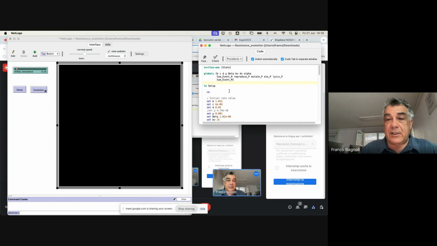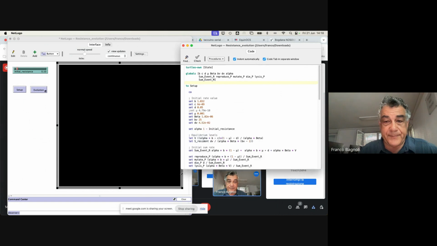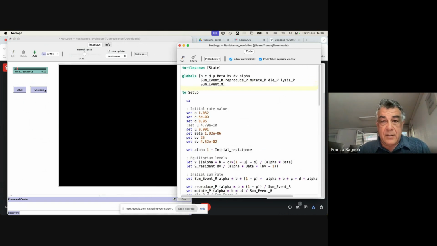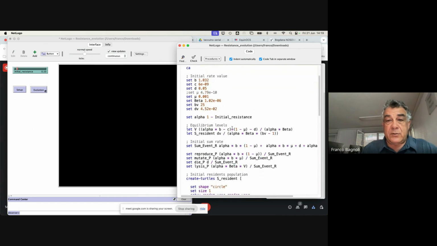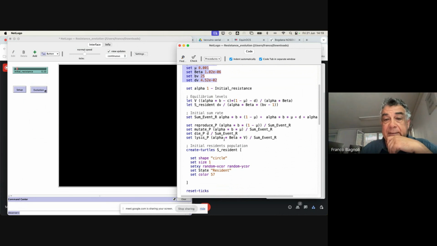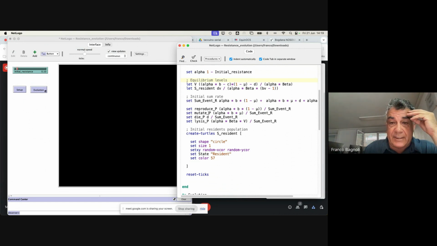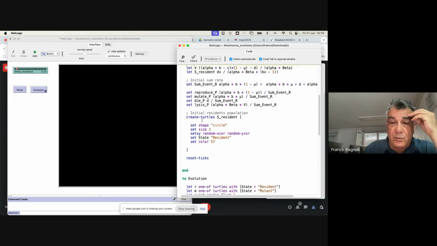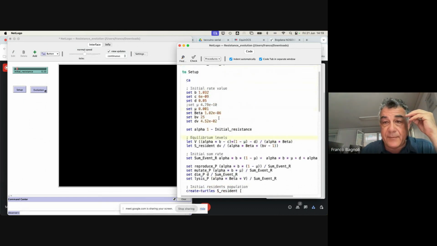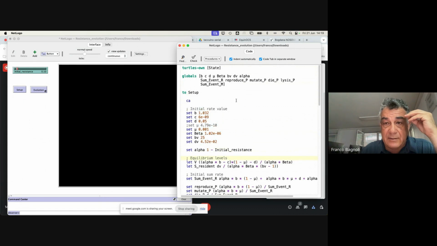So the idea is that you have some variables here for the moment, and you set these variables to some value. Maybe then we can discuss this. So these are equilibrium levels and so on, and you create a certain number of turtles defined by the equilibrium levels.